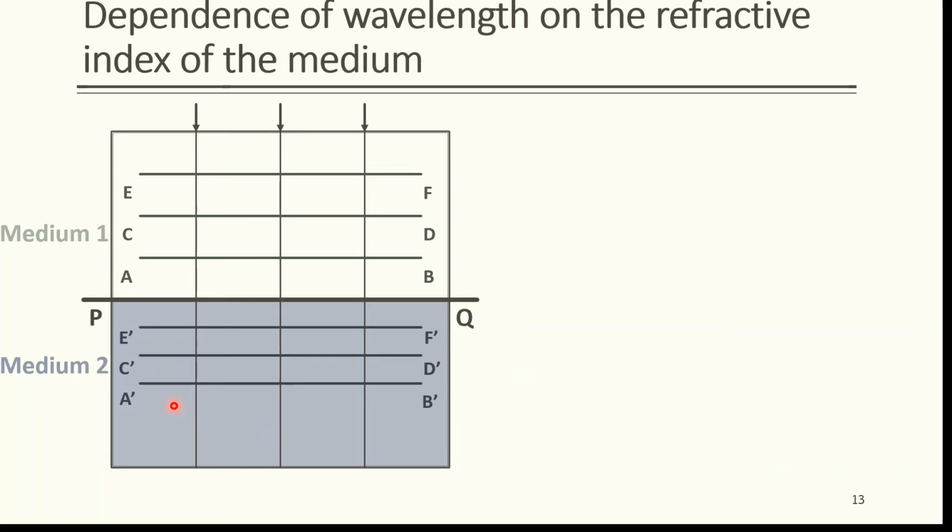As a result of this, the wavefronts will be closely packed in medium 2. The distance between successive wavefronts is λ2 in second medium. λ2 is the wavelength of the wave in second medium. λ2 is less than λ1.